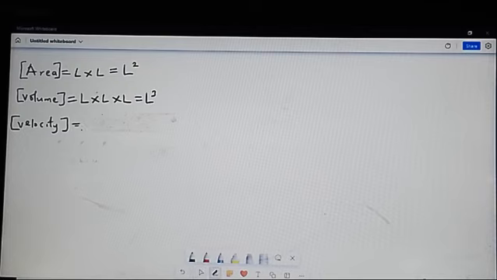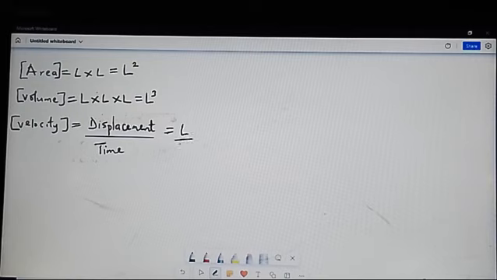So velocity is displacement over time. What is displacement measured in? Displacement is a measurement of length, so L over T.